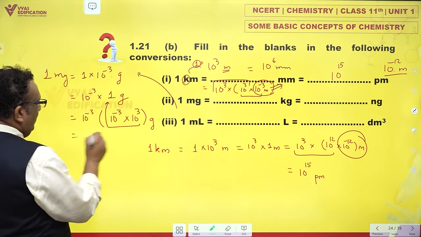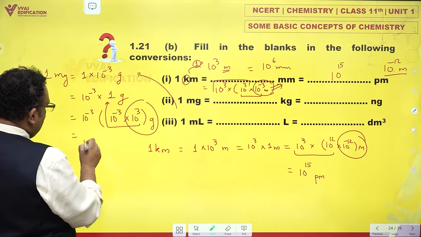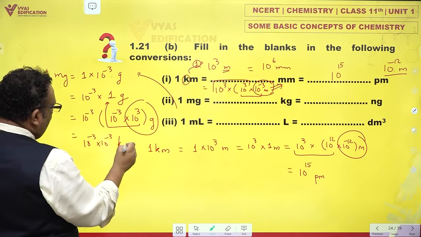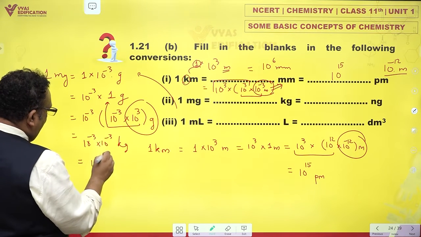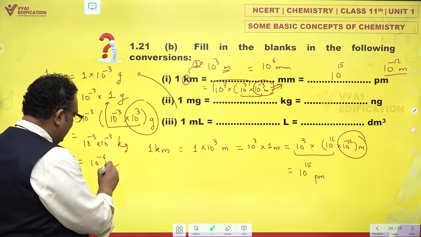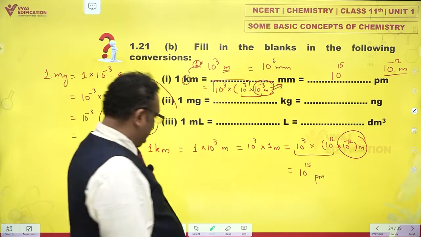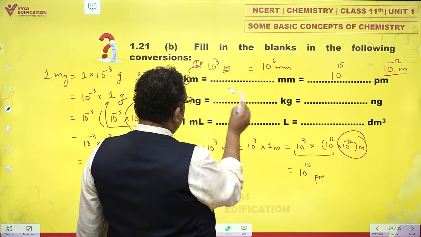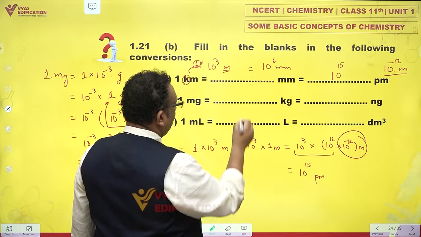Okay. But I know that this is kilograms. This is 10 raised to minus 3 into 10 raised to minus 3 kilogram. Oh my God, this is 10 raised to minus 6 kilograms. Yes, this becomes 10 raised to minus 6 kilograms.